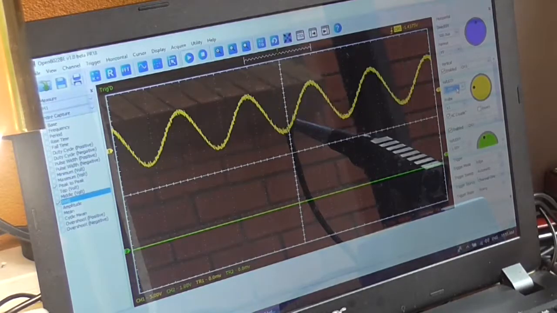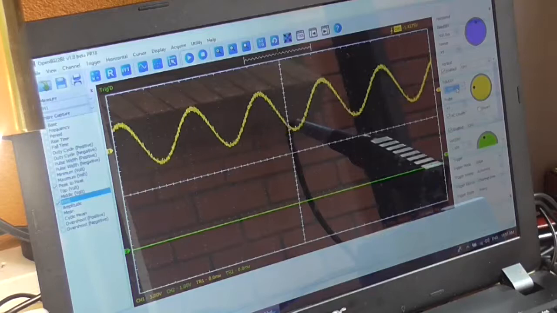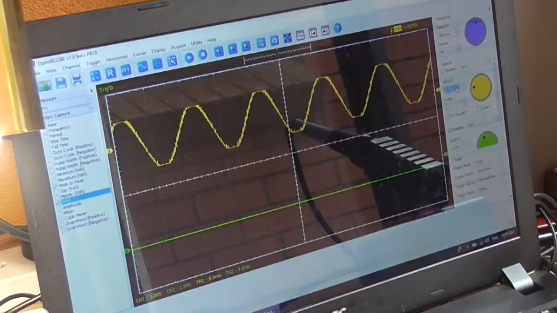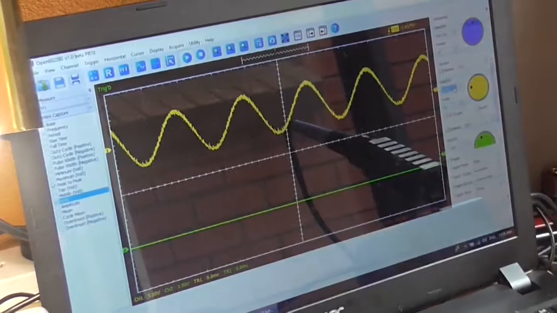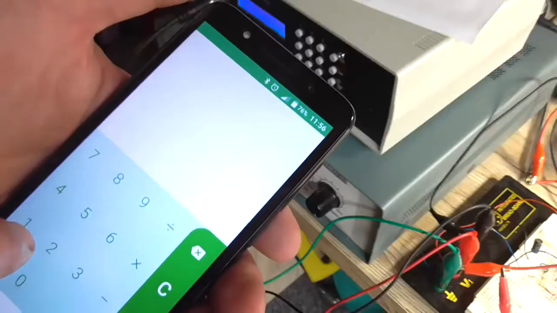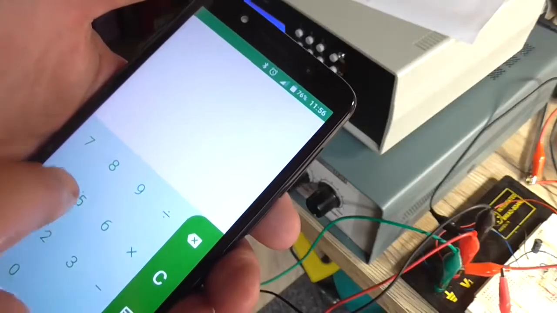So I'm just looking for where its actual output peak voltage is before clipping. So yeah, 0.5, 0.4. So we're looking at 400 millivolt in for 10.1 out.